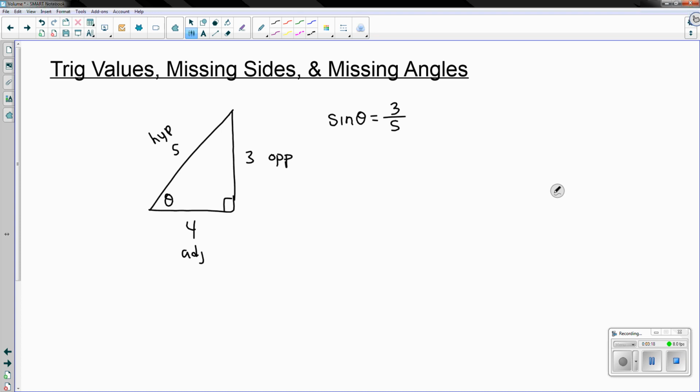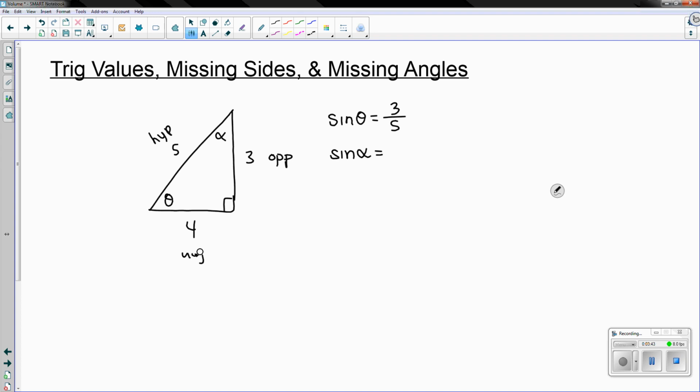For some students, it is helpful to label opposite, adjacent, and hypotenuse for that particular angle before they begin. And again, if we introduce another acute angle and I asked you for the sine of alpha, well then the opposite changes when compared to theta.